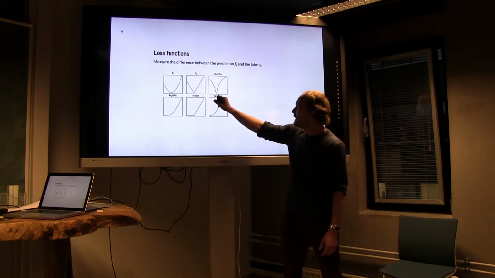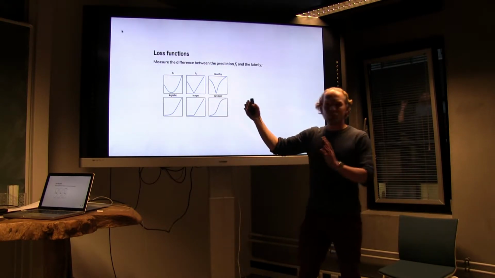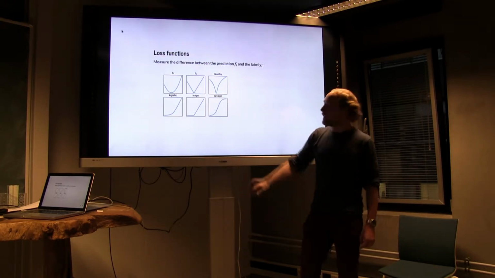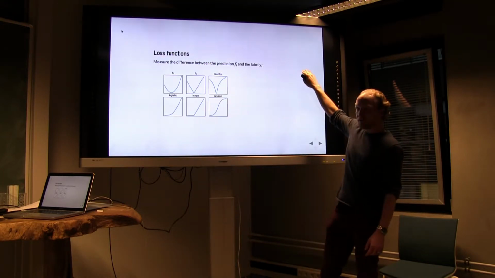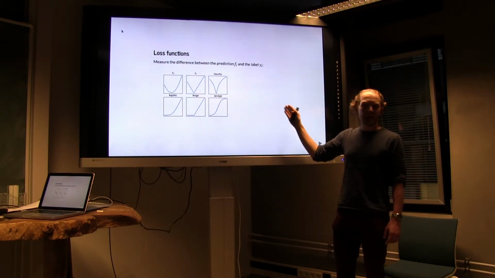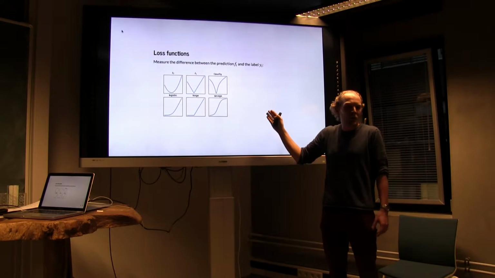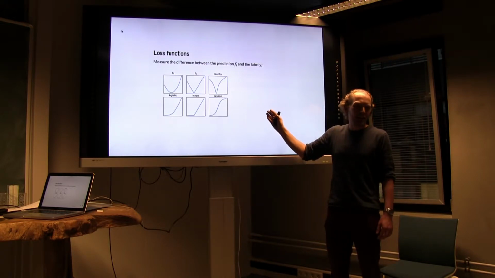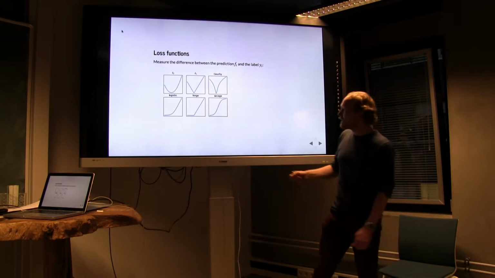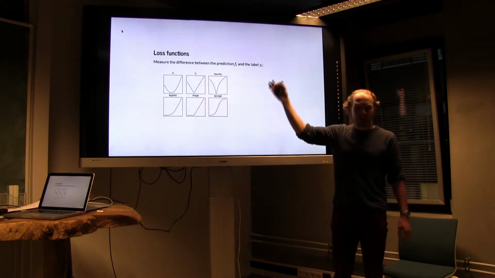If you're really fancy and you want to be less sensitive to very large residuals, you could do something like a Cauchy distance that kind of tapers off as you go out. So then the further away you are from the true label, the less it really matters, right? At one point you're so far away, you're like, okay, I'm really far away, it doesn't really matter if I'm a little bit further. With the square, it exaggerates this.